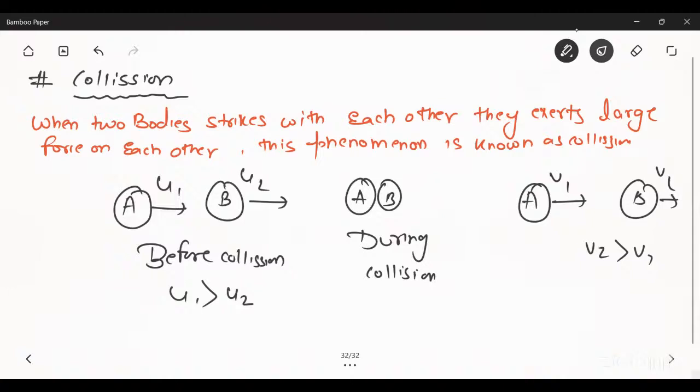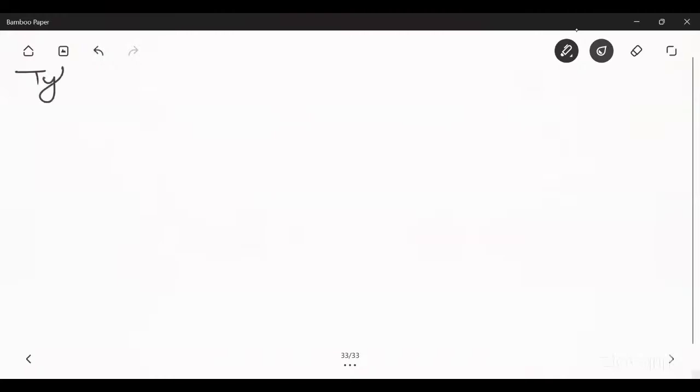Now, next is types of collision. Firstly is elastic collision. So what is elastic collision?